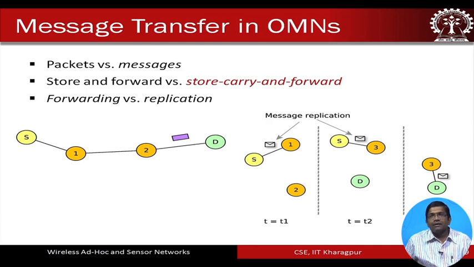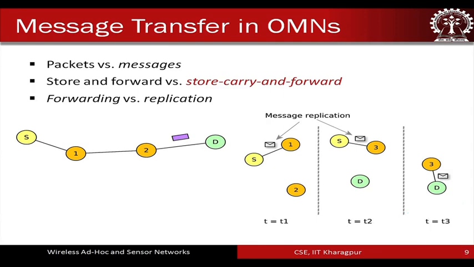In these networks, it is more or less a big achievement if the nodes are somehow able to send a packet to the intended destination. That is a big achievement by itself, because of the lack of connectivity between the nodes at different instants of time, and how much time it will take for the nodes to get reconnected is often an unknown parameter.